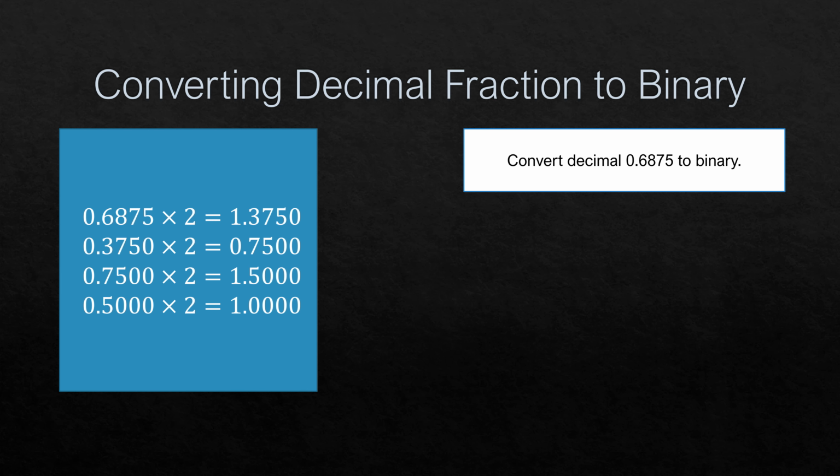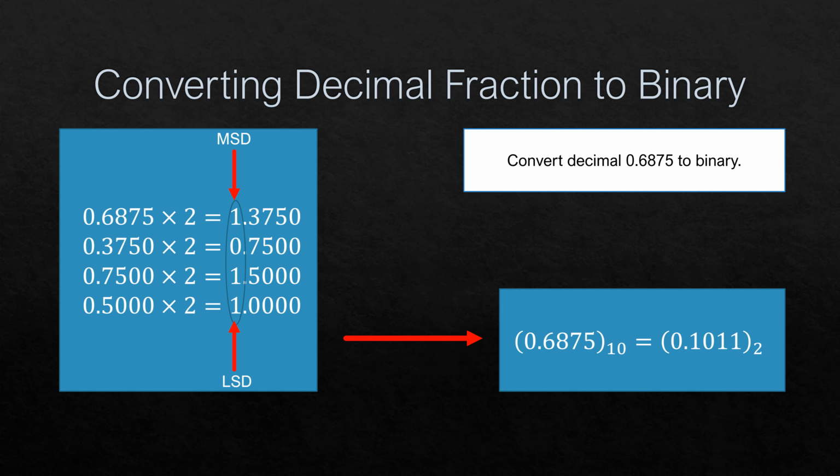In this case, we reached a point in which the fractional part is 0. The coefficients of the binary number are obtained from the integers, where the most significant digit is the first integer collected and the least significant digit is the last integer collected. Our result is then 0.6875 decimal is equal to 0.1011 binary.